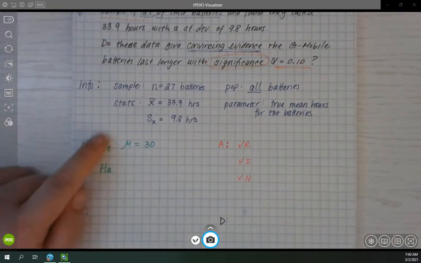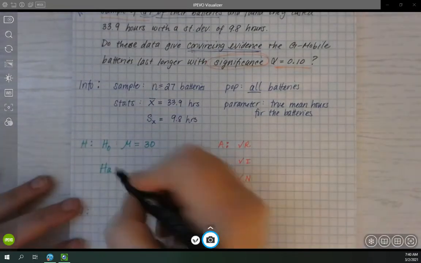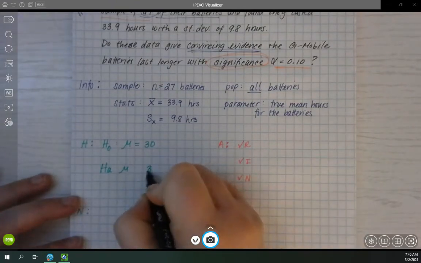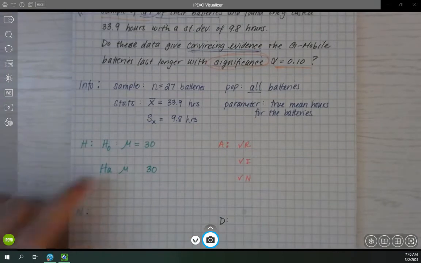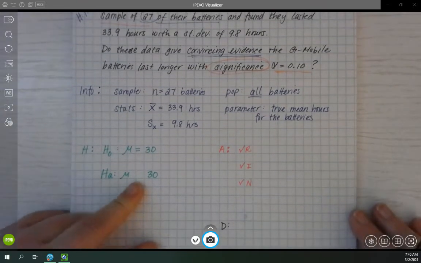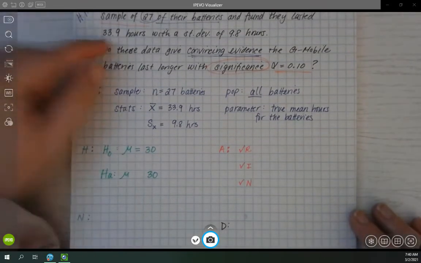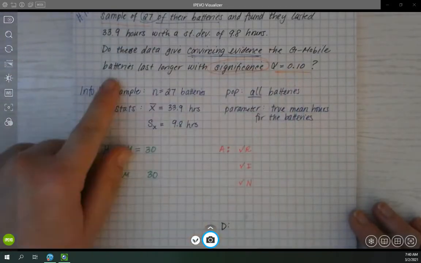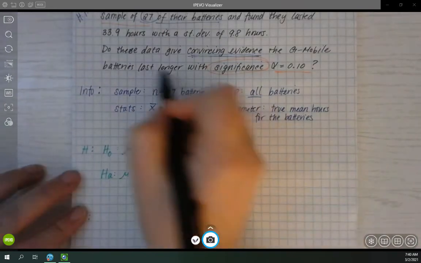Now notice I'm still in my hypotheses. My mu has to match. My number has to match. What makes the hypothesis different is am I going to put a greater than or a less than sign? So we're going to look at the actual question: do these data give convincing evidence that G-Mobile batteries last longer?